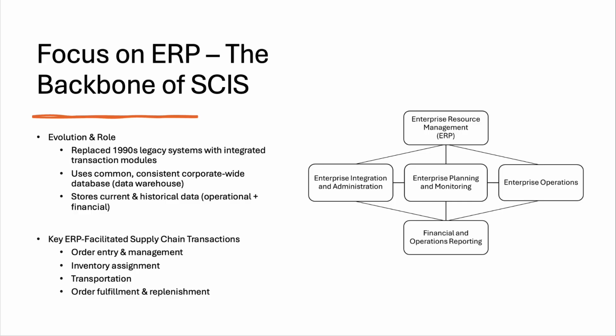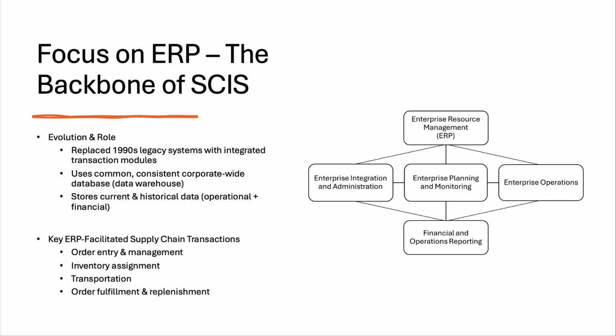ERP stands for Enterprise Resource Planning. ERP systems became especially important as firms replaced older legacy systems in the 1990s. Legacy systems were often fragmented, meaning different departments had separate systems that did not communicate well with one another.